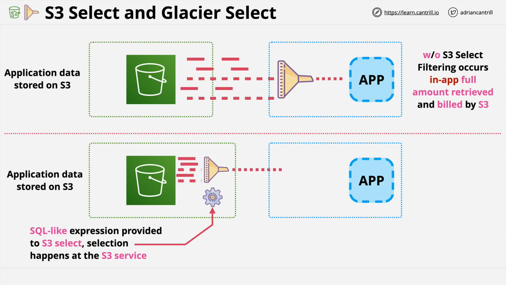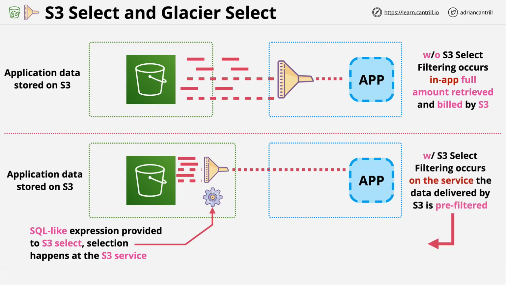So in effect, it's taking the raw data, filtering it down, but this is occurring inside the S3 service, so the data that the application receives is the pre-filtered data. And this means that we can achieve faster speeds and a significant reduction in cost. Because the filtering occurs before it's transferred to our application, it means that we get substantial benefits both in speed and in cost. And this is because the S3 service doesn't have to load all of the data and deliver it to the application. We're applying this filter at the source of the data, which is the S3 service itself.